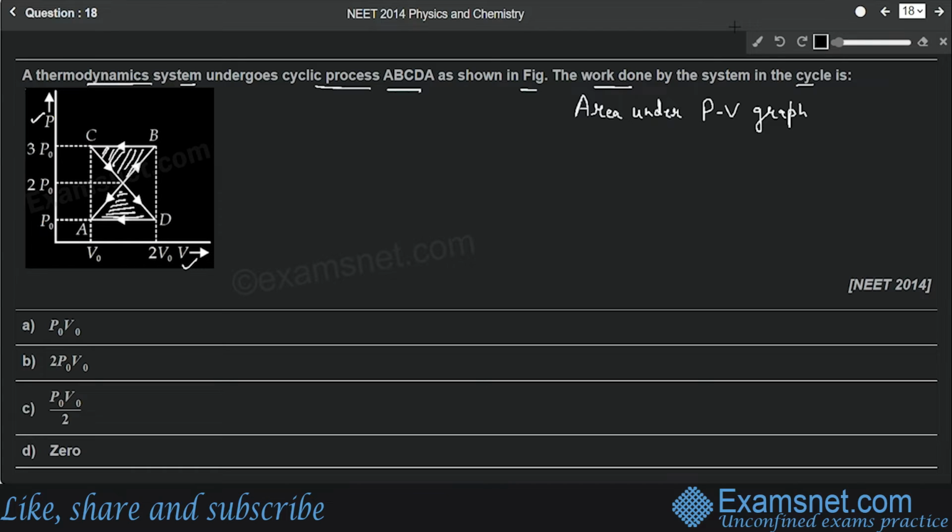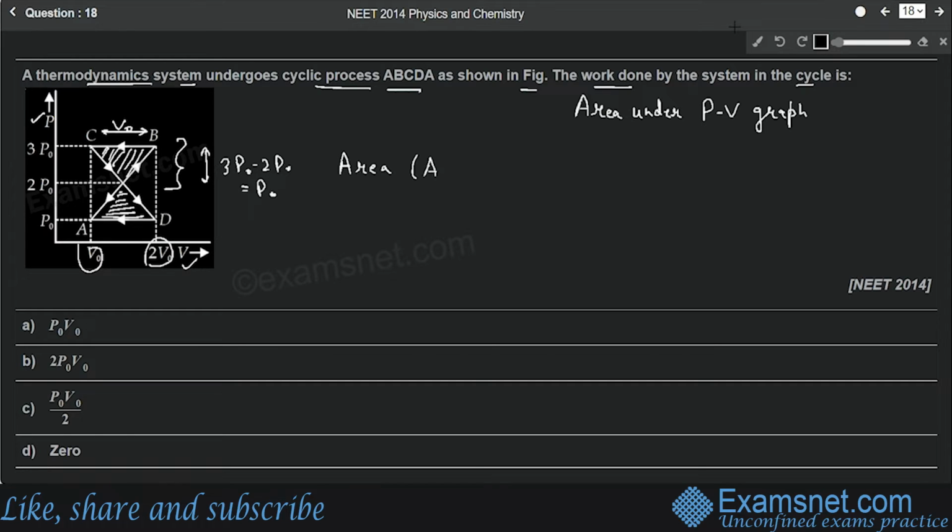Okay, so let's find the area of the first triangle, this upper one. So base for this triangle will be CB, that will be equal to 2V0 minus V0, that is equal to V0. Okay, and height is this one, that is equal to 3P0 minus 2P0, that is equal to P0. So what will be the area of this triangle?